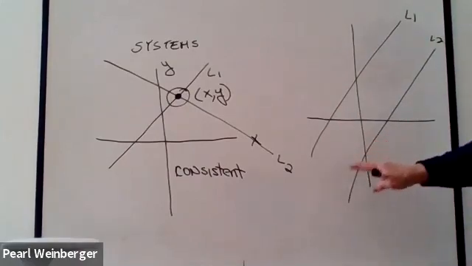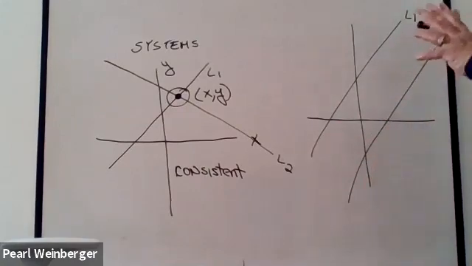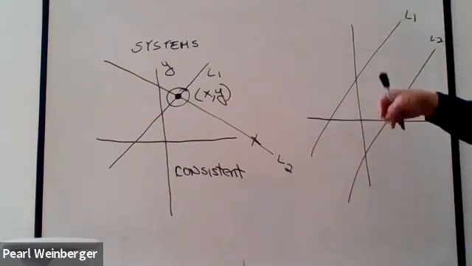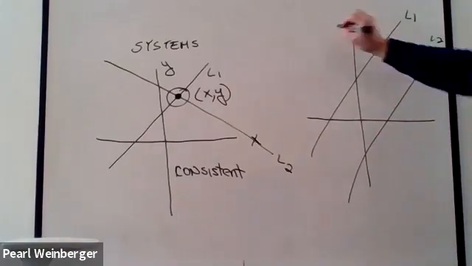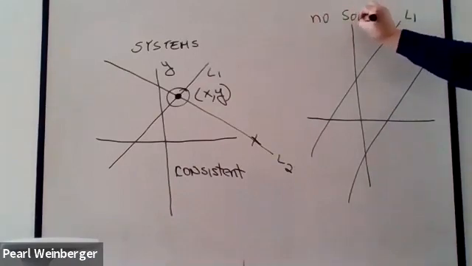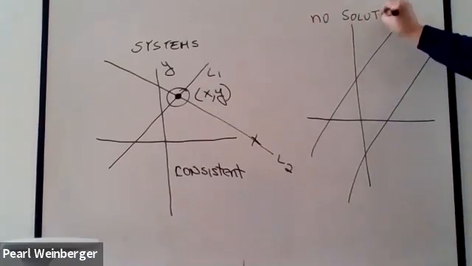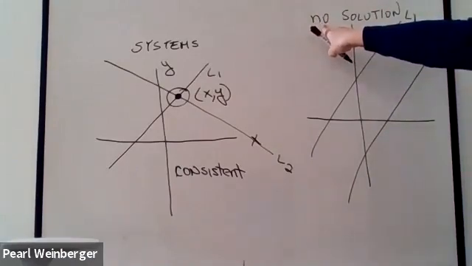What do we call those type of lines? Parallel lines. We have two parallel lines. Well, if they don't meet, then there's no solution. Because the solution means, where are they meeting? If they don't meet, then they don't have a solution.